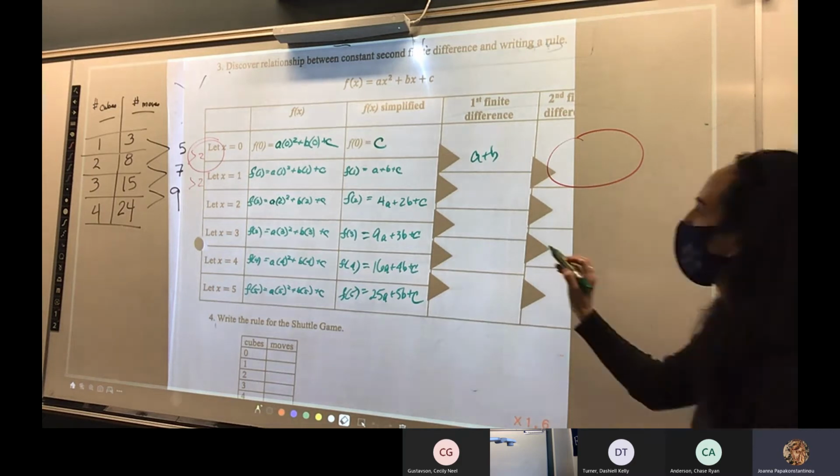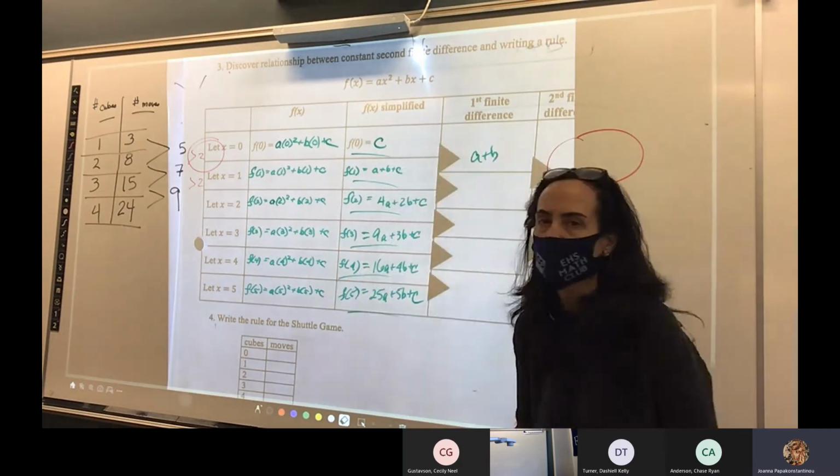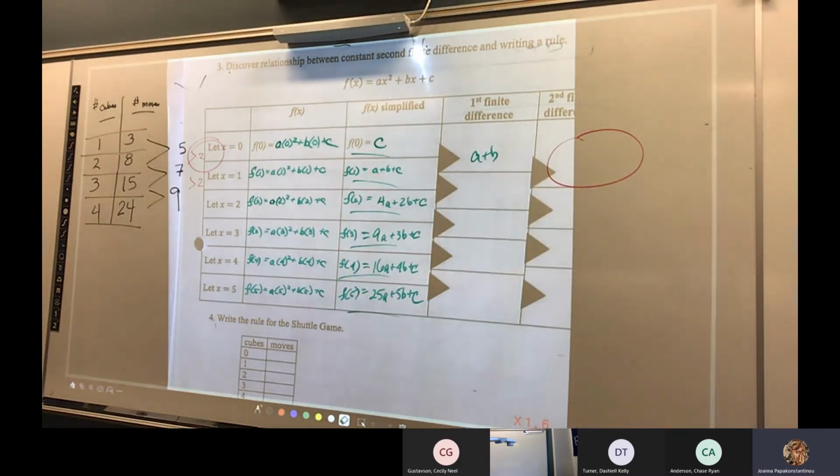Make sure you can all get to here. Now, have we found the finite differences?